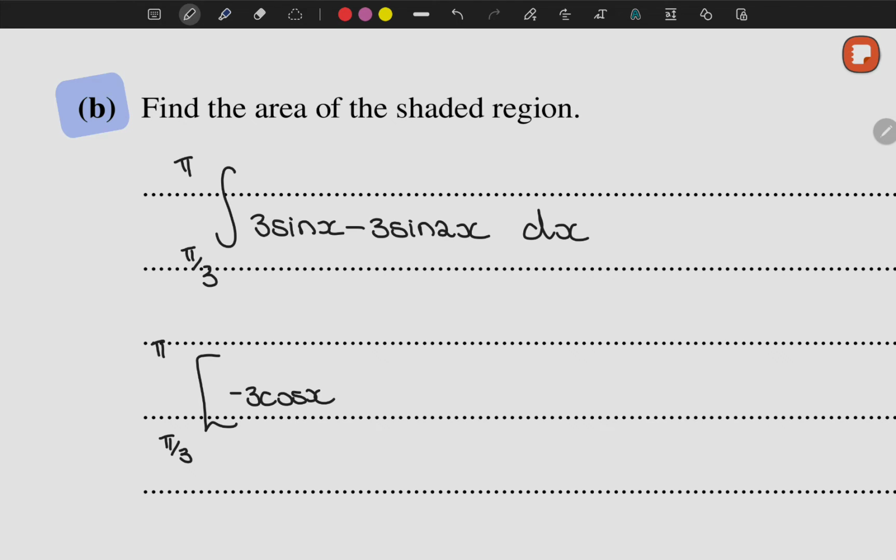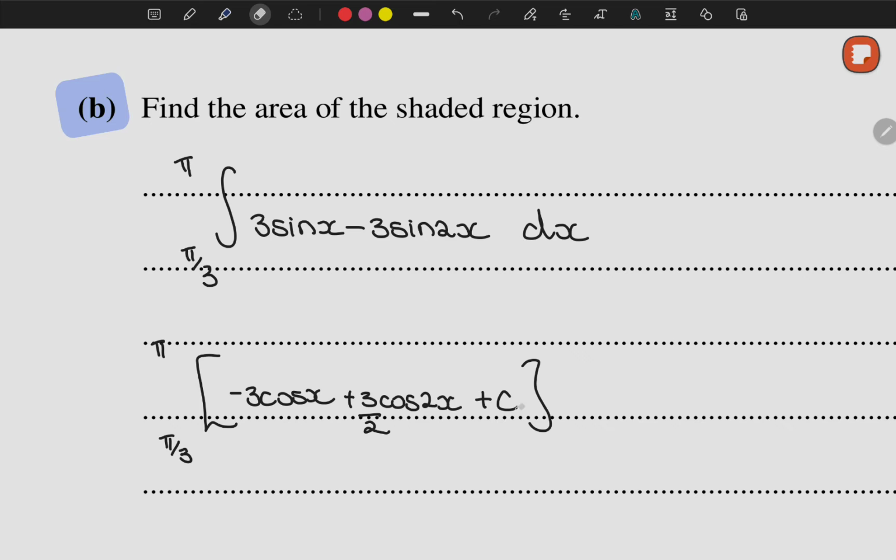So negative 3 cos x, and this is going to be positive because this is also negative, so that's going to be cos 2x, and then you have to divide by 2.